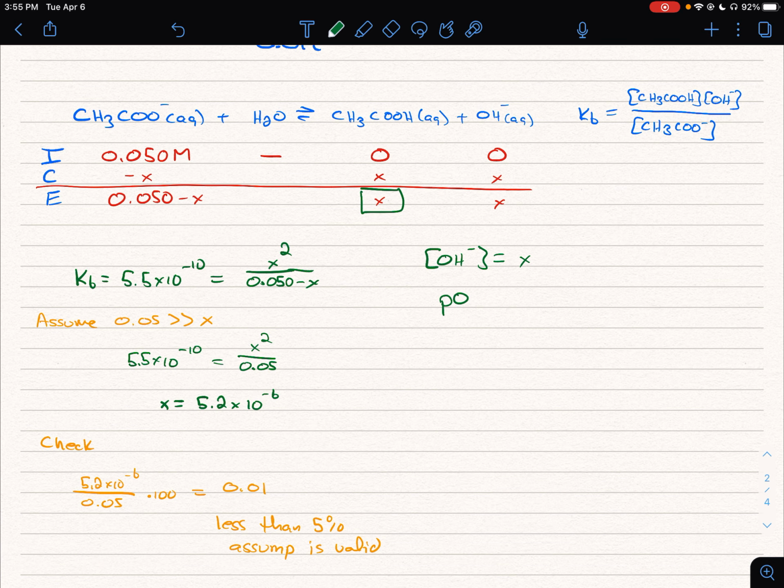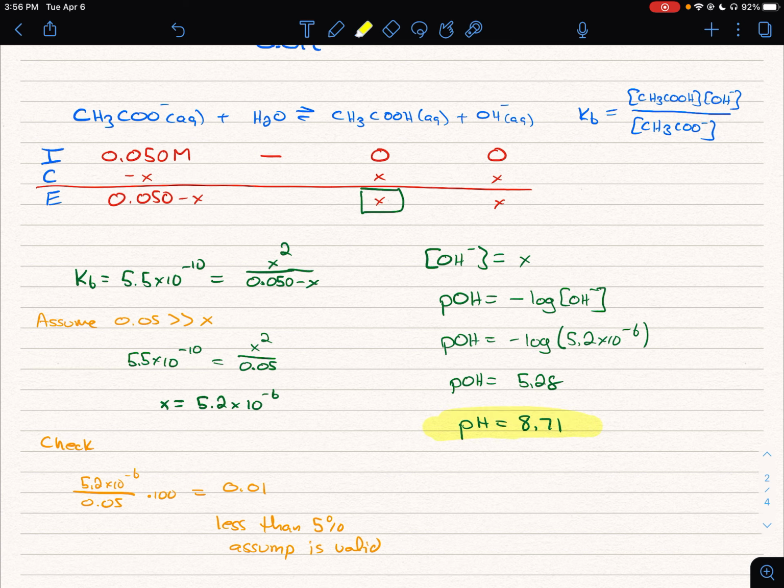So if we find the pOH now, which equals the negative log of our hydroxide, so pOH equals negative log of 5.2 times 10 to the minus 6. pOH is then equal to 5.28. 14 minus that, we can find the pH is equal to 8.71. And we find out it's a basic solution.